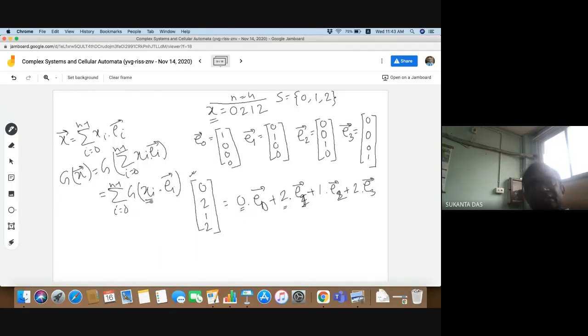Now here xi is a scalar. So from the homogeneity property of the linear function, I can bring xi out of this G.